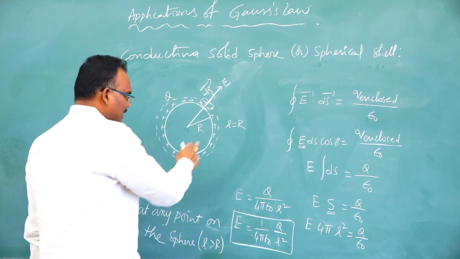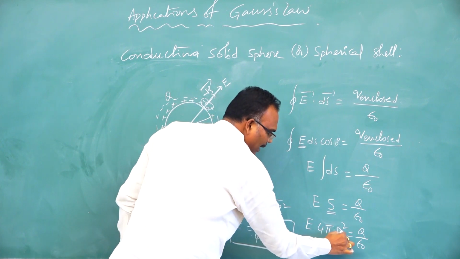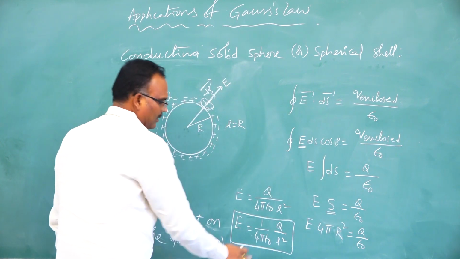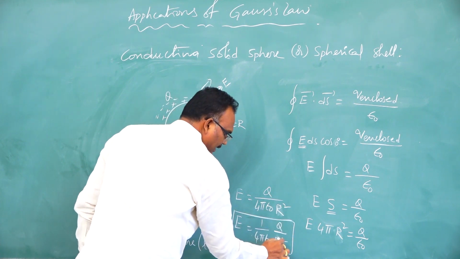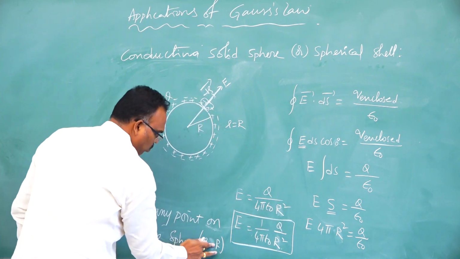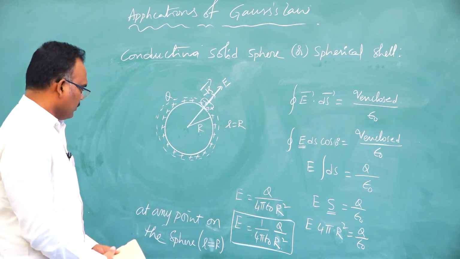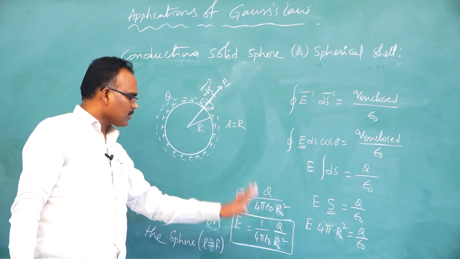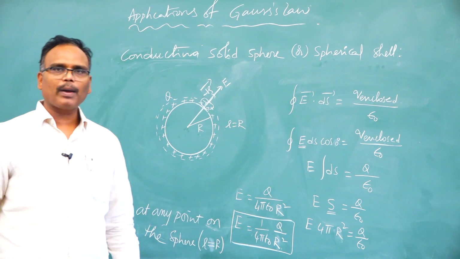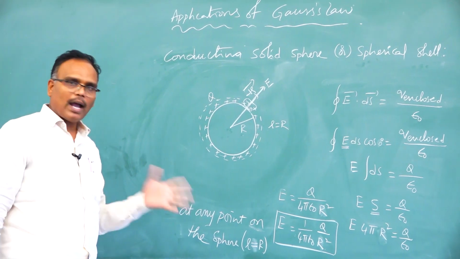On the surface means small r is equal to capital R. So I will write capital R square here. At any point on the sphere, small r is equal to capital R. So you will get E is equal to 1 by 4 pi epsilon naught q by capital R square.